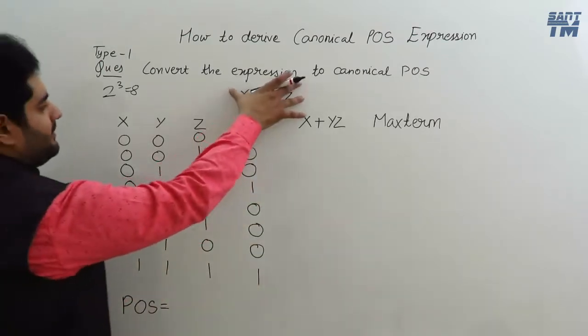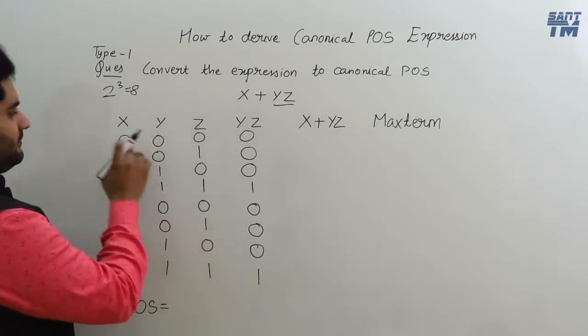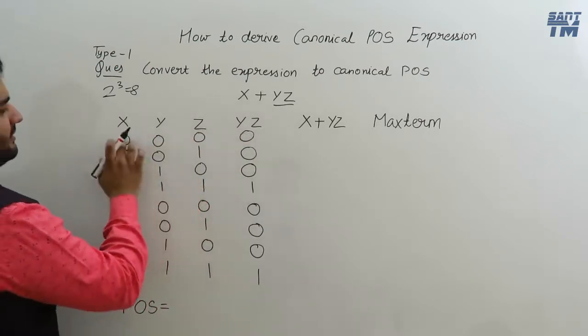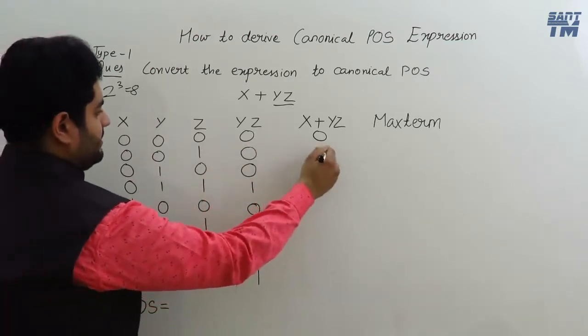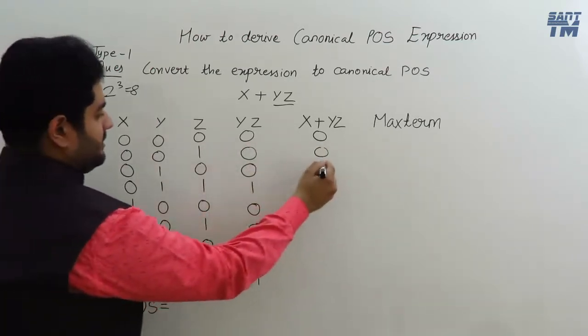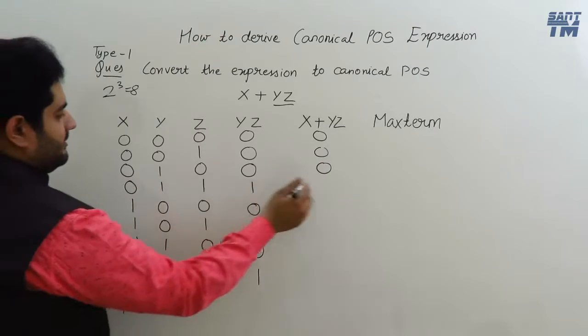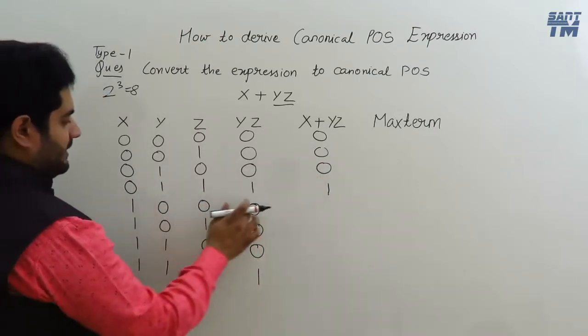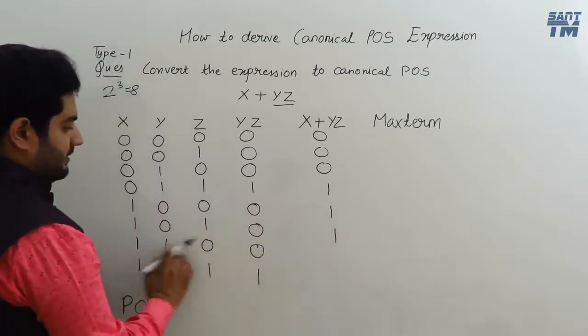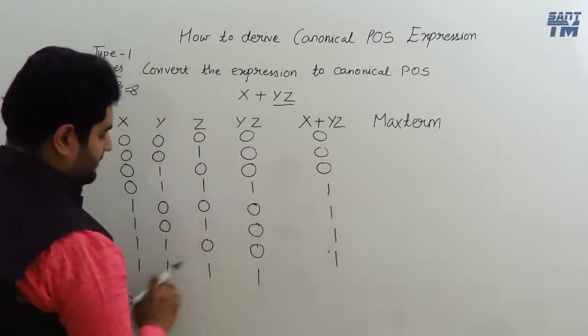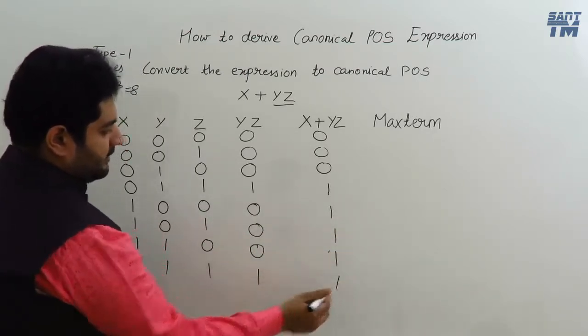Now we need the full expression x plus yz. X is here, yz is here. 0 plus 0, 0. 0 plus 0, 0. 0 plus 0, 0. 0 plus 1, 1. 1 plus 0, 1. 1 plus 0, 1. 1 plus 0, 1. 1 plus 1, 1.